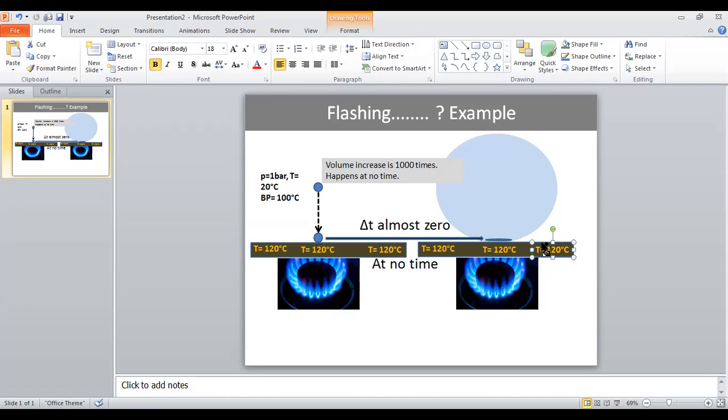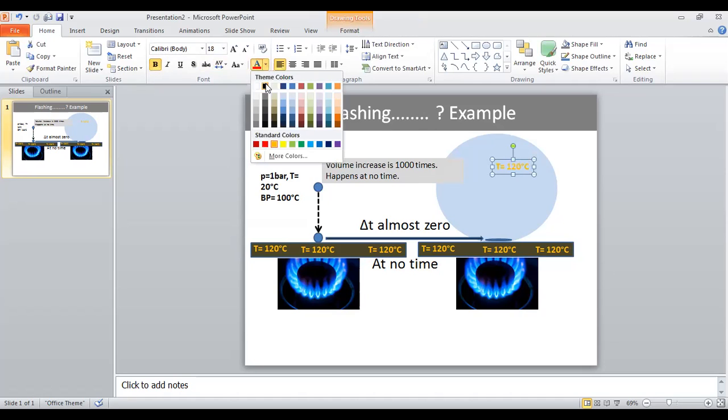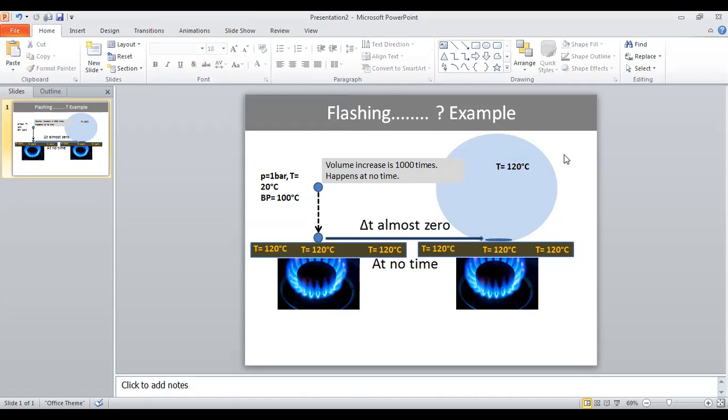And this temperature is, let's say, 120, even just for a moment. You can see at no time this converts into this bubble. So this is what you are noticing.